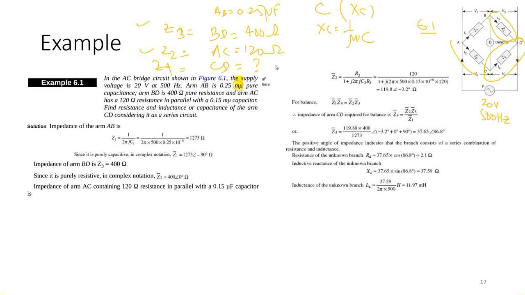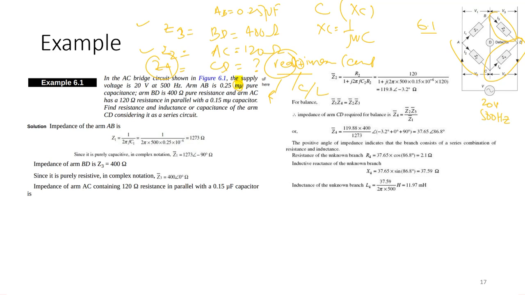It will be a mixed value of Z4, meaning some real value plus some imaginary value, so a complex value. Then we will separate real and imaginary to get our resistance and capacitance or inductance, which can be positive or negative. So this is the whole story.